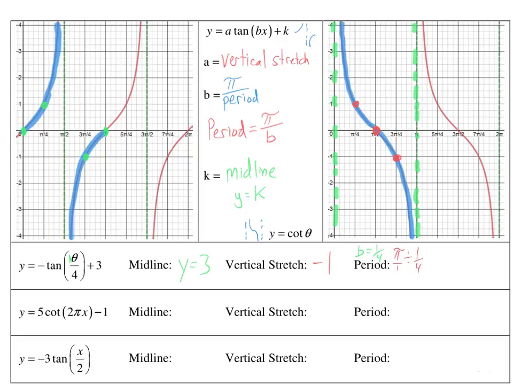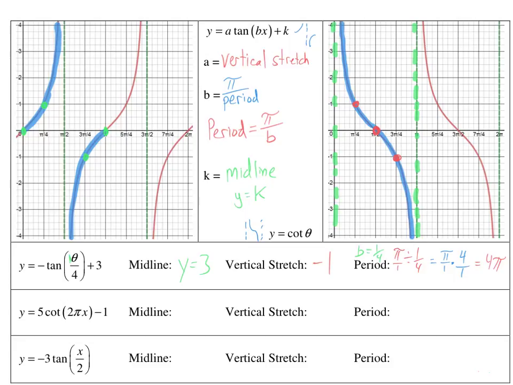Put a 1 down there, which would be pi over 1 times the reciprocal, which is 4 pi. So the period is 4 pi because it's pi divided by the number connected to the theta, or the x sometimes.